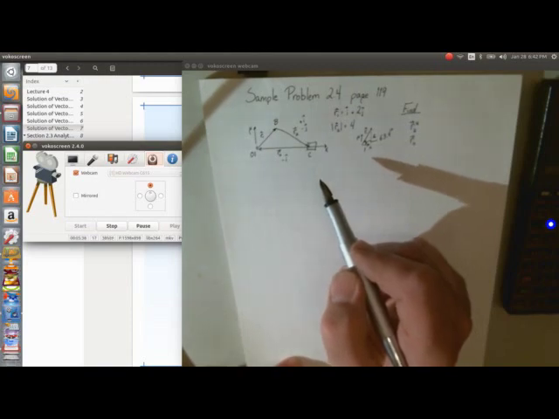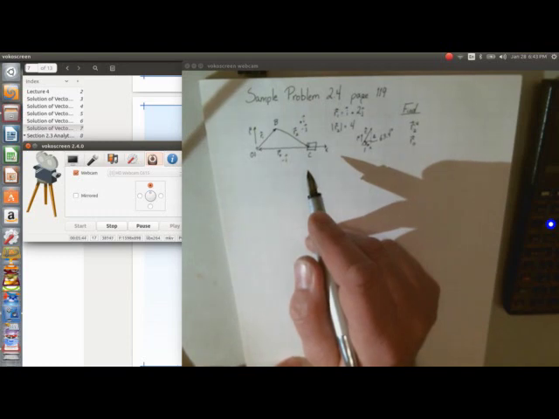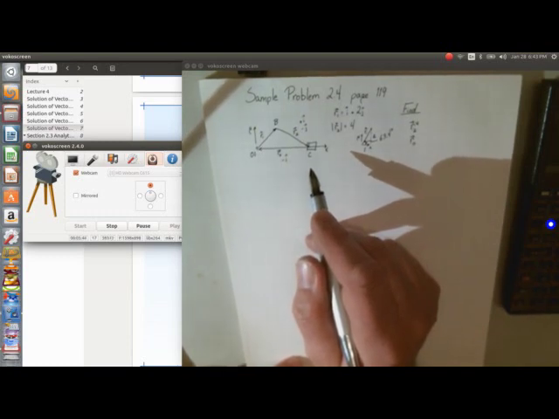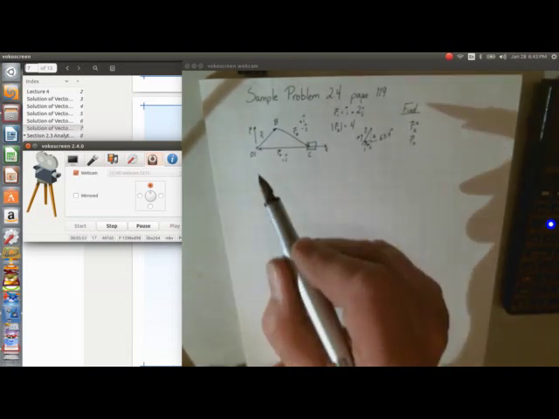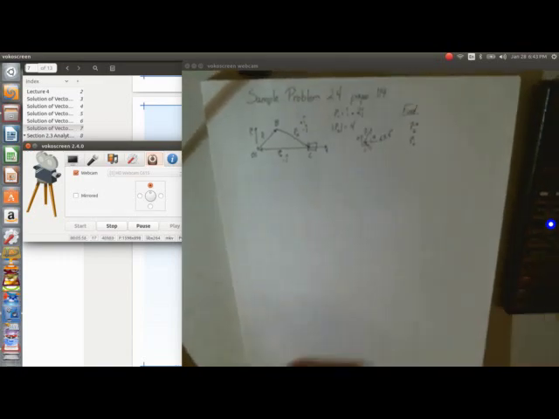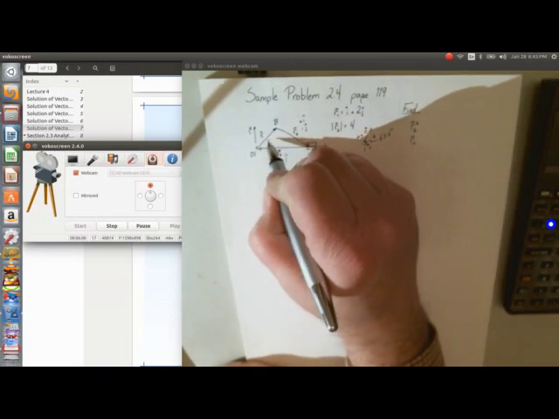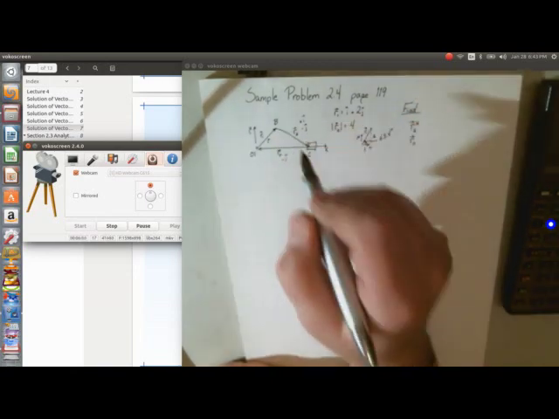With this kind of setup, we can recognize that this is a 3-vector setup, so it corresponds to the A, B, and C in your notes in the book. In these cases, C corresponds to this side, the one that we know. These other two are A and B.